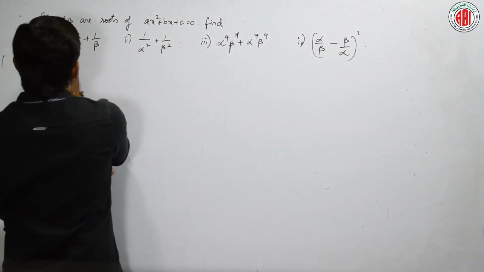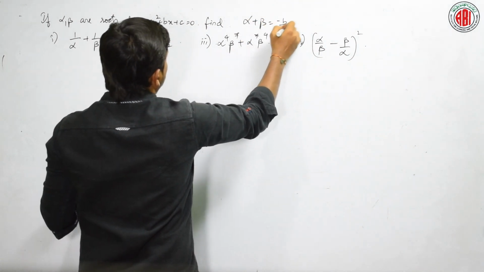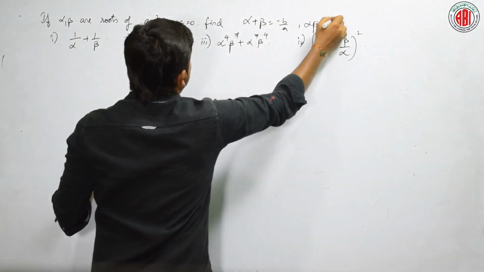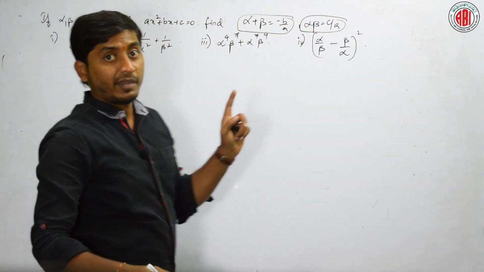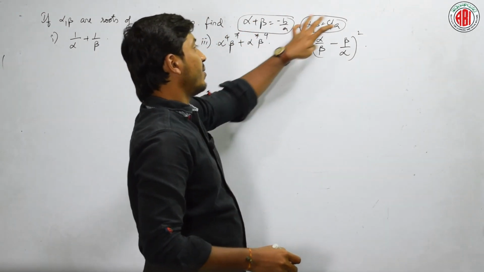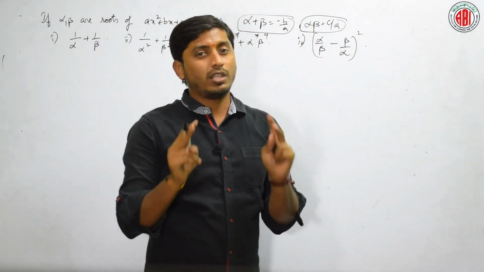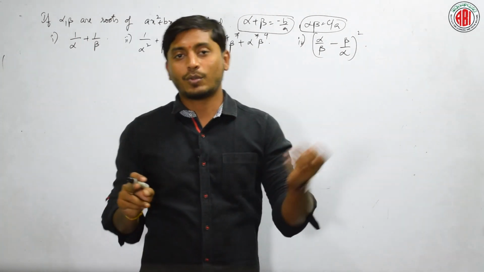You have to know: sum is minus b by a, product is c by a. Clear? Any difficulty in remembering that? No, right? So the formulas are: sum is minus b by a, product is c by a. By using only those formulas, we are going to solve these questions.